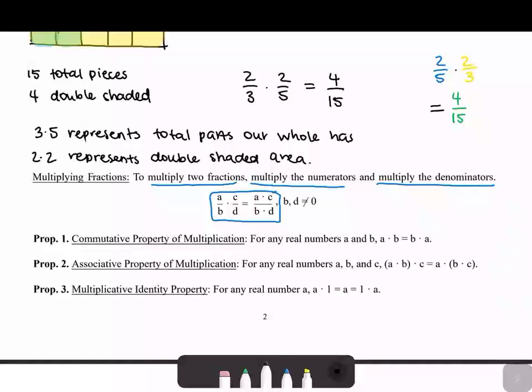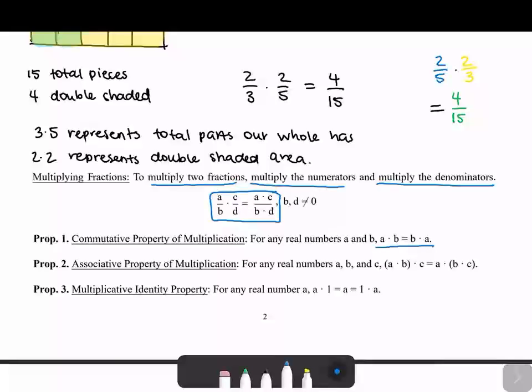Okay, so now that we have the general formula for multiplying fractions, we have all of the same properties. So like I said at the beginning of the first video, all of the algorithms and models and even the properties of multiplying with whole numbers that we talked about in chapter 3, all of those extend here. So we still have the commutative property, where it doesn't matter which order you multiply things in.